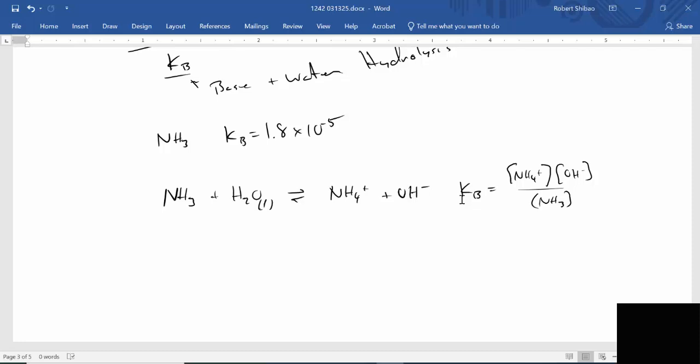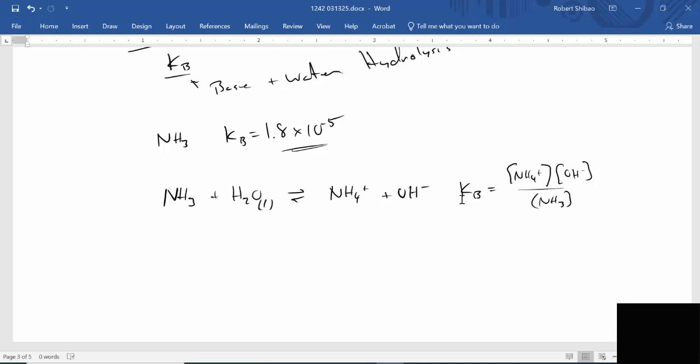Now, an interesting thing happens. Where did I get this number, 1.8 times 10 to the minus 5? Is it on that chart there? It's not on the chart. So is there another chart that's missing in this room? It turns out there's no other chart that's missing in the room.